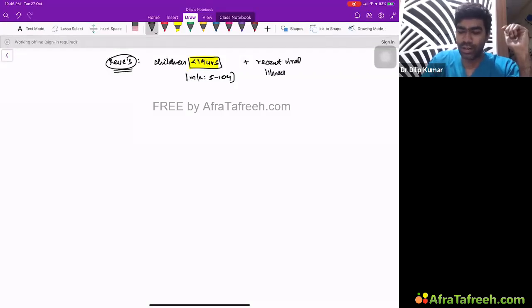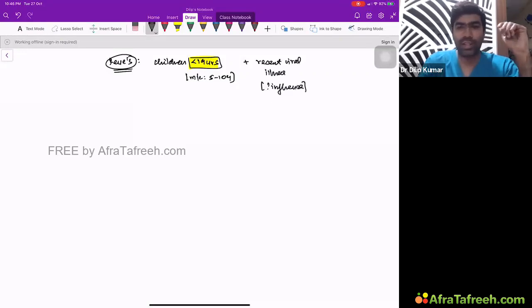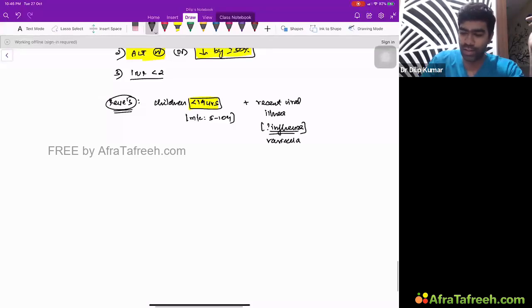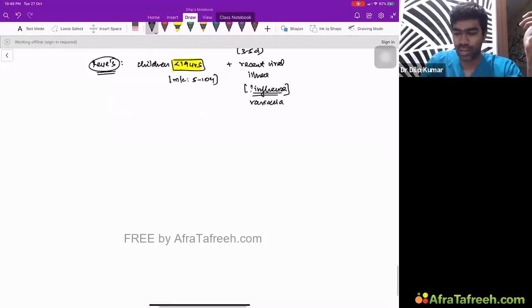It is believed that most probably it is influenza, and with routinely giving the influenza vaccine, that is also one reason why this has completely gone down. Recent viral illness could be varicella infection, like chickenpox. It could be influenza, but influenza is quite common. Recent viral illness usually means 3 to 5 days prior to the onset of the illness.